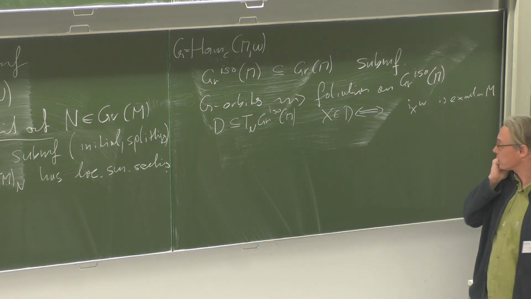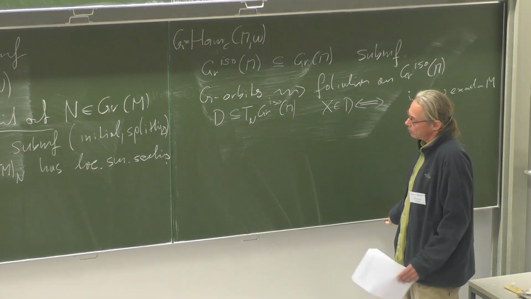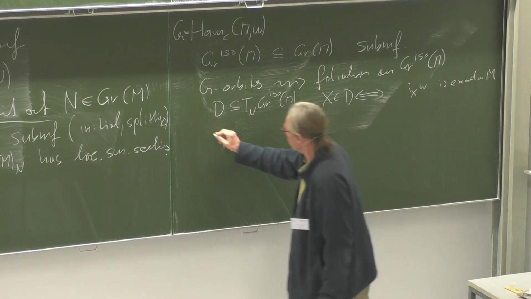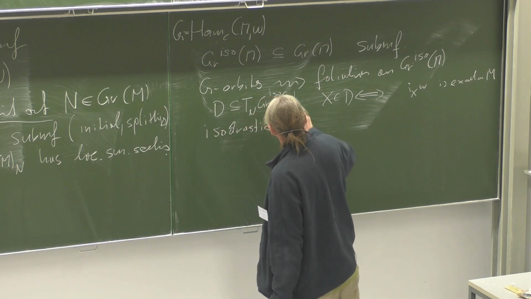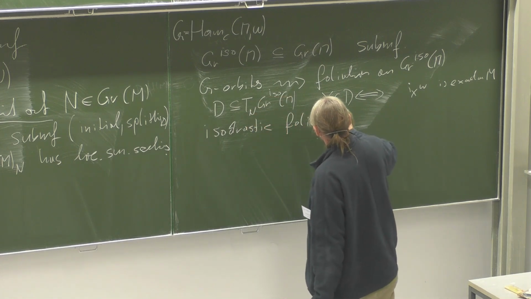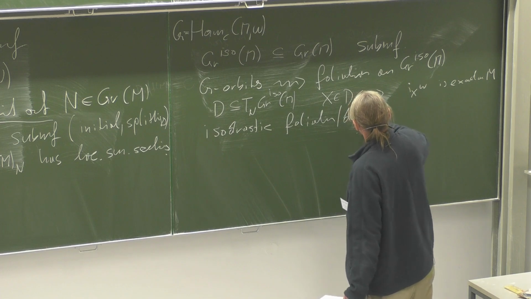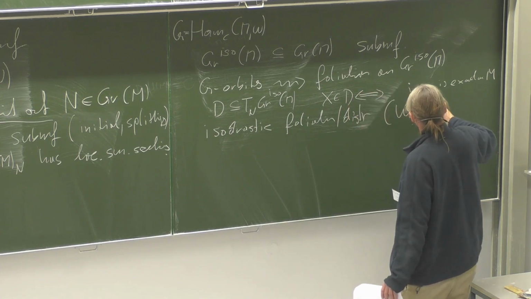Explicit description of the tangent space. This is called the isodrastic foliation or distribution. This is due to Weinstein.